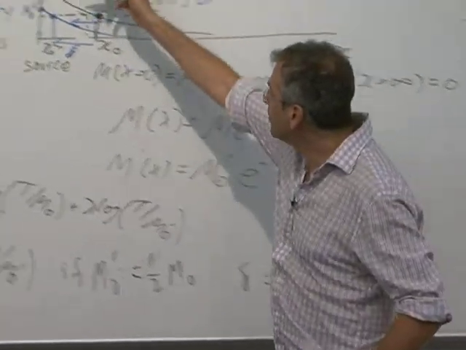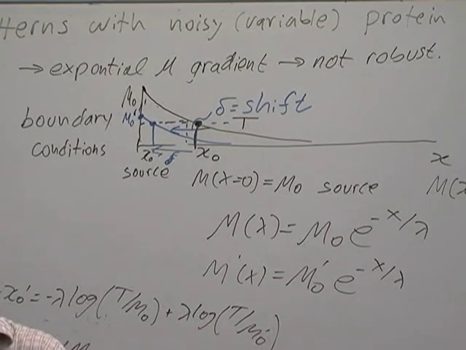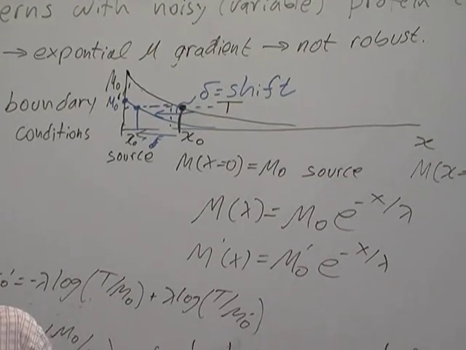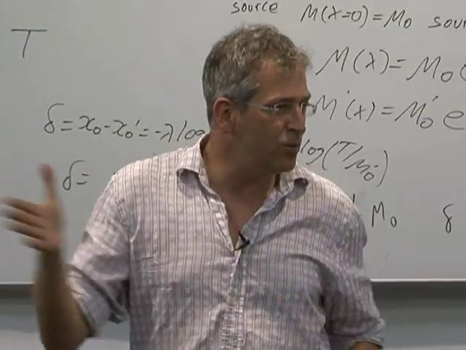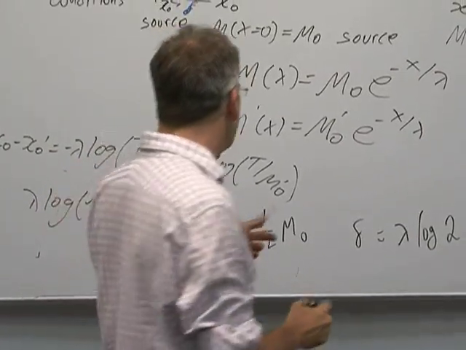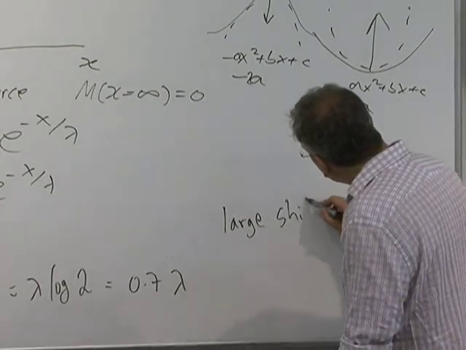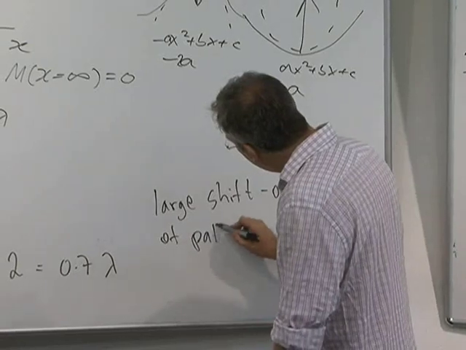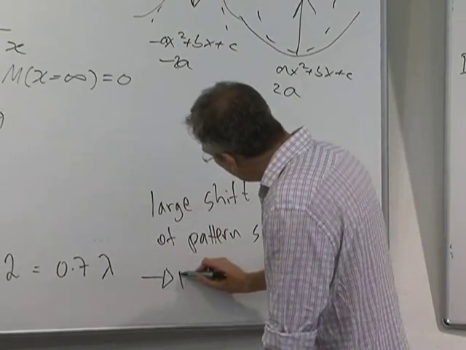So if I lower the concentration by a factor of 2, the whole pattern shifts to the left by almost an entire lambda, by 0.7 times the typical size. It's a very large shift. It's on the order of the entire pattern size, and therefore we have no robustness here.